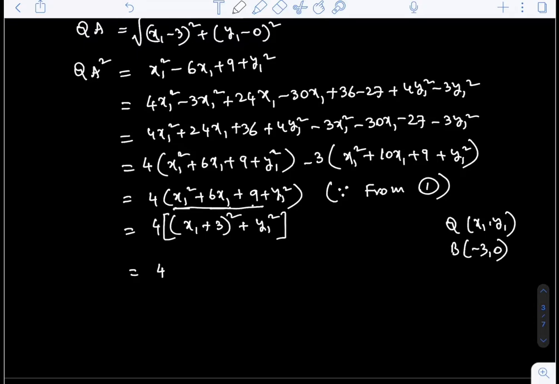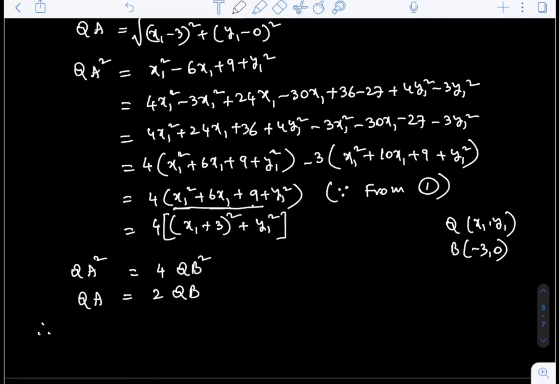The formula: under root x1 minus x2 whole square plus y1 minus y2 whole square. x1 minus minus 3, x1 plus 3 whole square plus y1 minus 0 whole square, under root. So if the root is not kept, this is QB square. That is 4 QB square should come there. So QA square is equal to 4 QB square. It means QA is equal to 2 QB, when you take root on both sides.